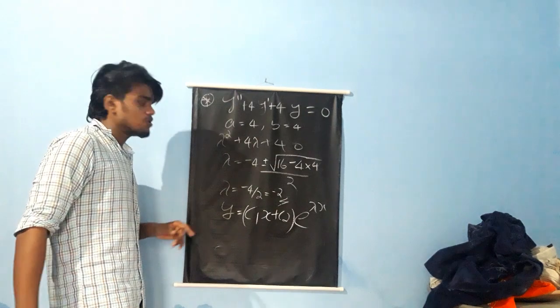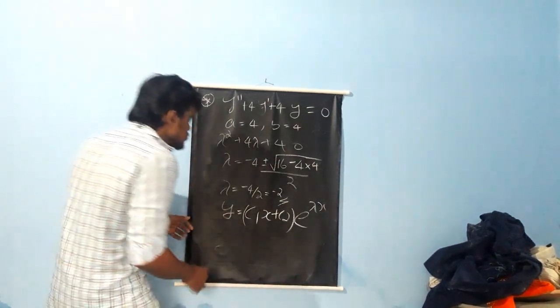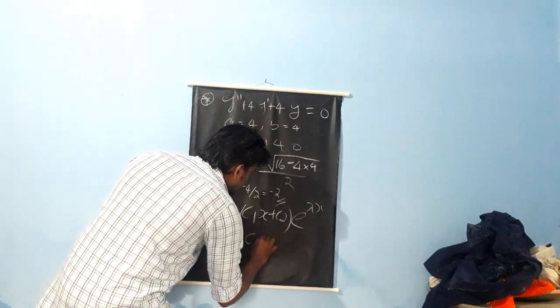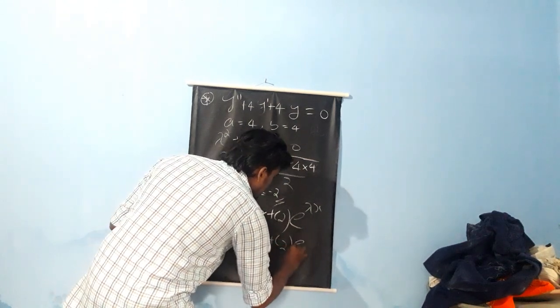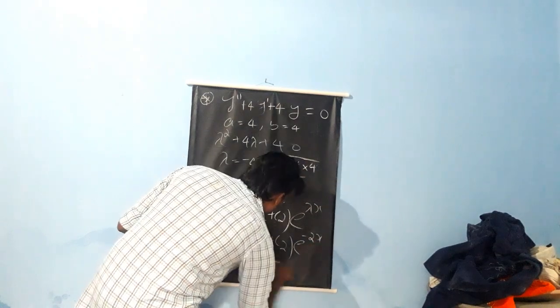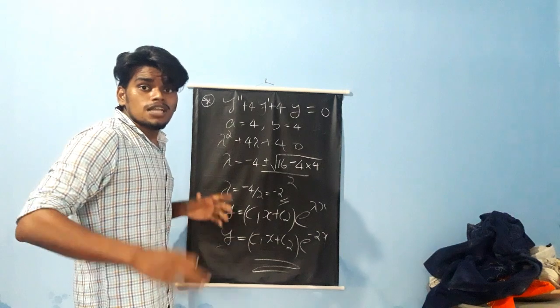When we apply lambda equal to minus 2, the general solution becomes (c1 x + c2) e^(-2x). So here is our general solution for this double root situation.